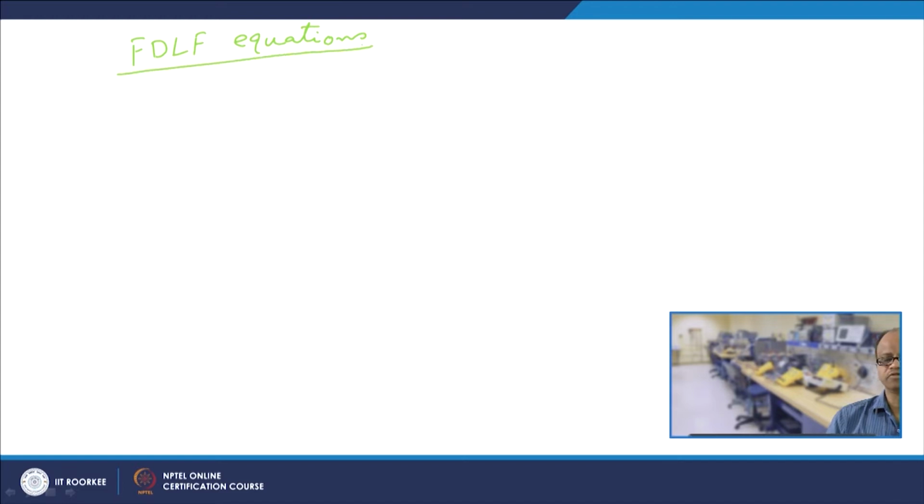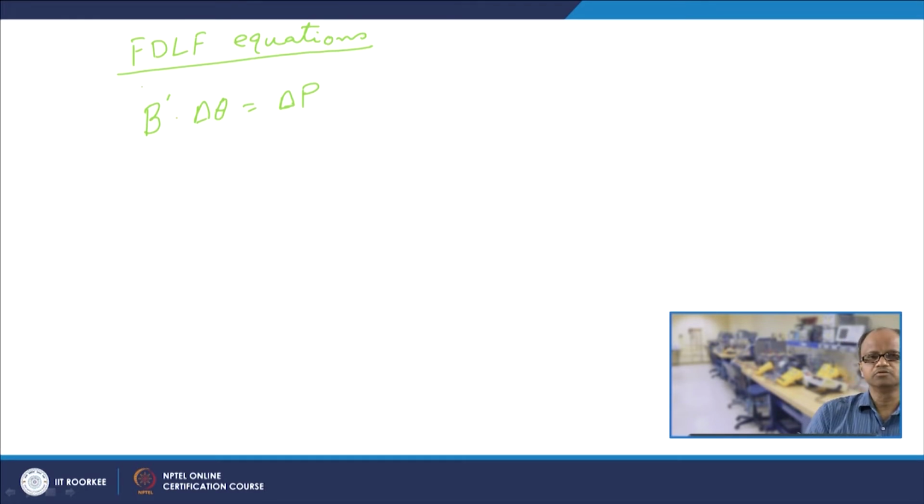For this, if we look at the FDLF equations, what is this first FDLF equation? We have this FDLF equation: B dash into delta theta vector is equal to delta P, right.